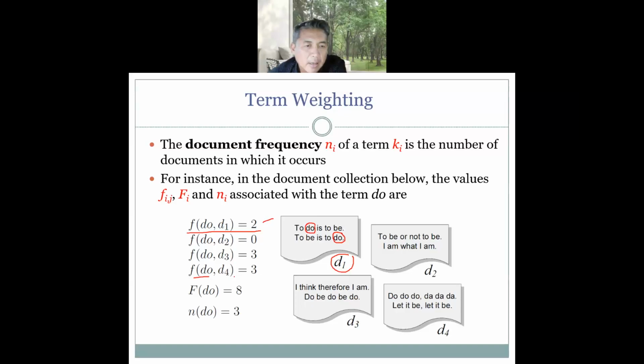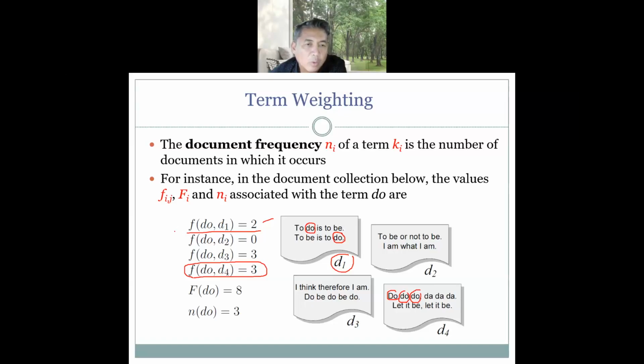If you look at "do" in document 4, we have 1, 2, 3. So the word "do" exists 3 times in document 4.